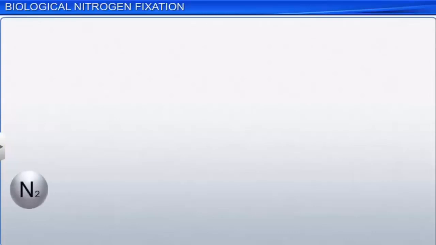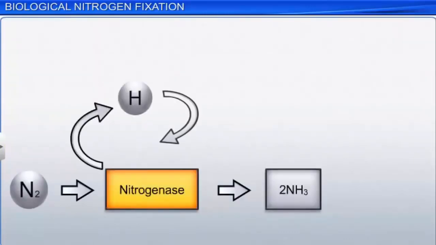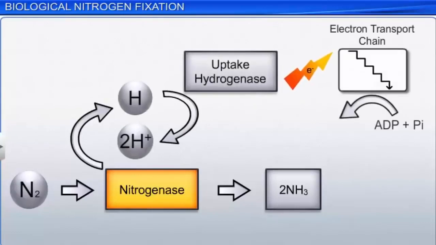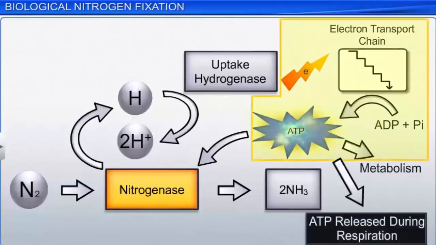Nitrogen requires 8 electrons, 8 protons, and 16 ATP molecules of energy for the formation of 2 molecules of ammonia. Therefore, 1 molecule of ammonia requires 8 molecules of ATP. These 8 ATP molecules are provided by the ATP released during respiration.